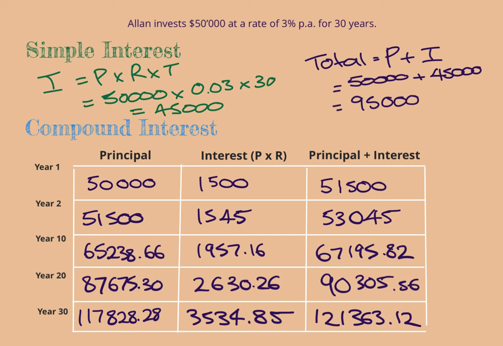So you'll notice that as I jump from the first year to the second year to the 10th to the 20th to the 30th, the amount of interest that we're earning by the 30th year is massive. Whereas with the simple interest rate, you're just continuing to earn that same amount of interest from the first year. So Alan works out significantly richer by getting compound interest.